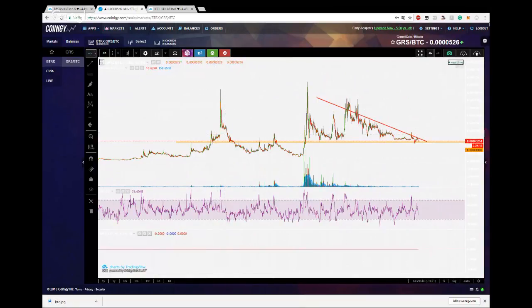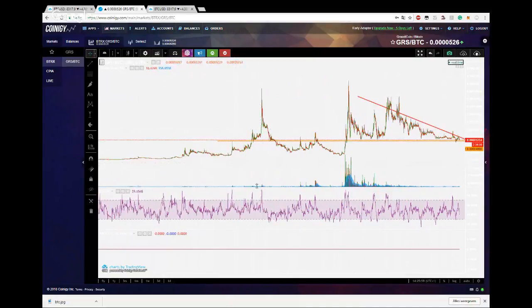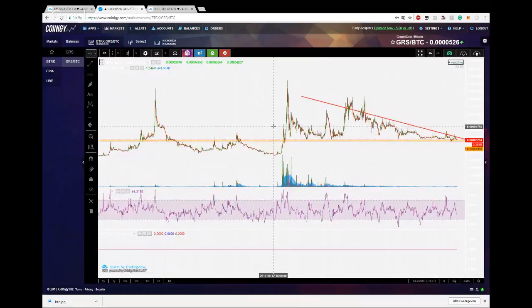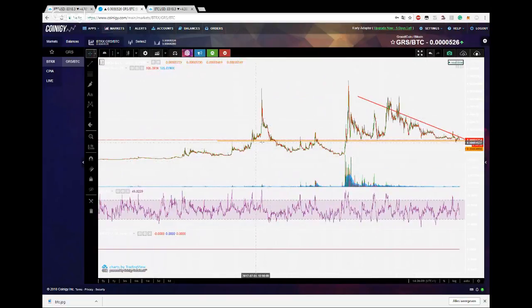You will never see a chart like this. This is not a natural chart. This is a painting painted by a painter who is a whale and messing around with the price. I could do TA here, but my TA wouldn't matter because this dude is just going to do whatever he wants. Doesn't matter what I put on here.